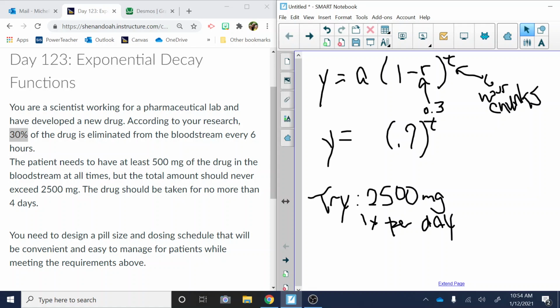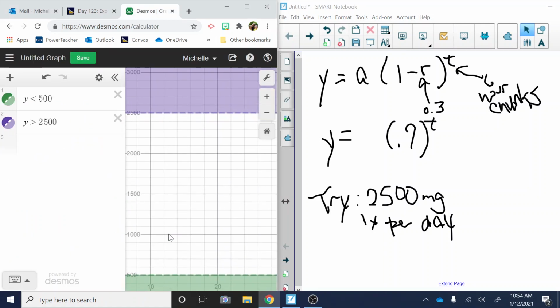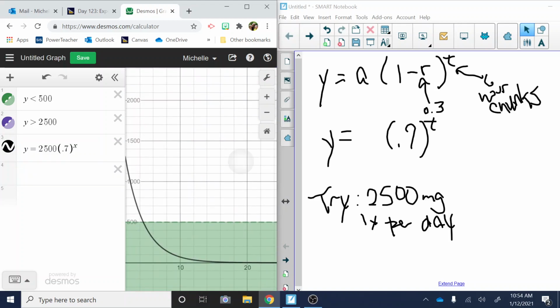If I'm going to take 2,500 milligrams one time per day, I'm going to go over here to Desmos and graph this. So Y equals 2,500, our initial dose, times, in parentheses, 0.7 to the x power.